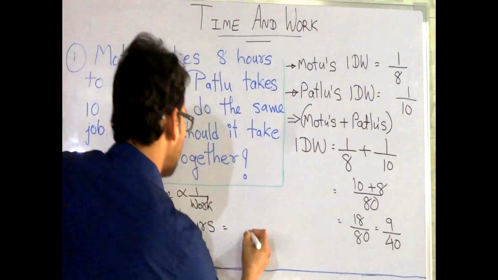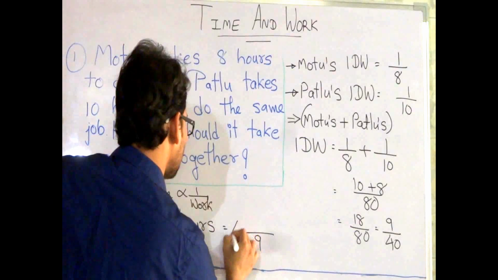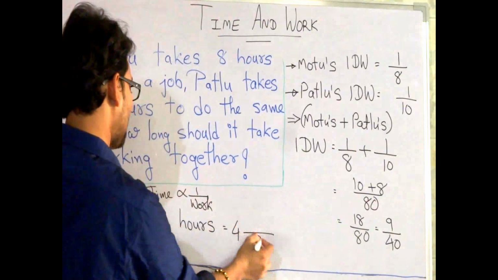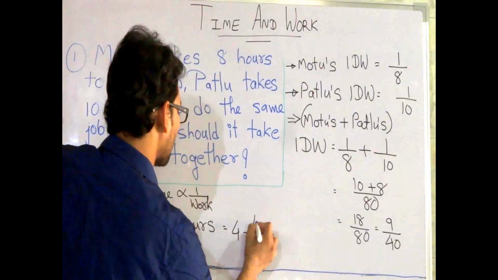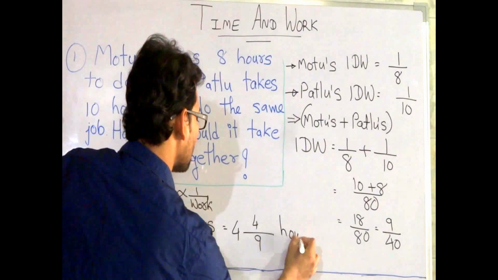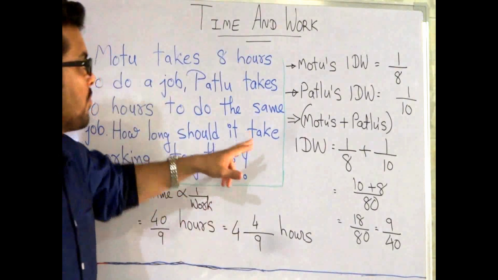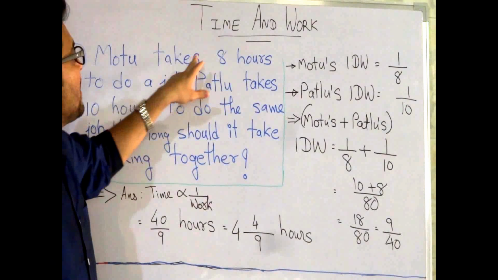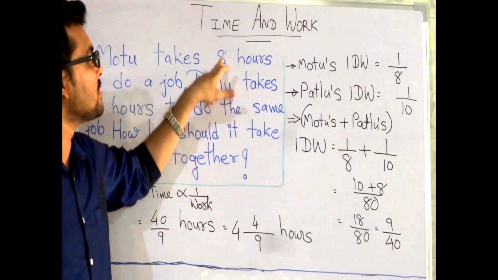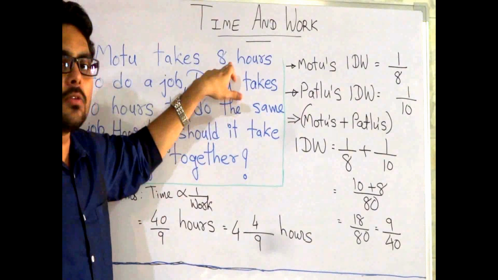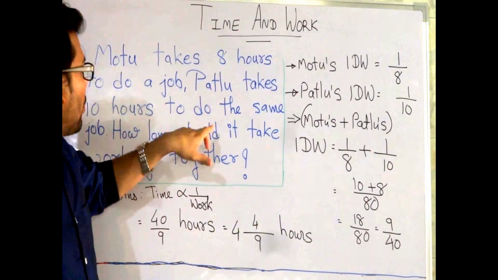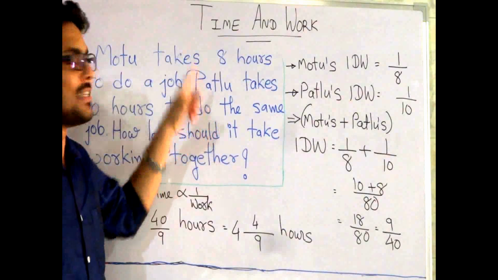Or the answer can be like this also. 9 into 4, 36 and 4 hours. So if Motu is working alone 8 hours, if Patlu is working alone to do the same job, he is taking 10 hours.